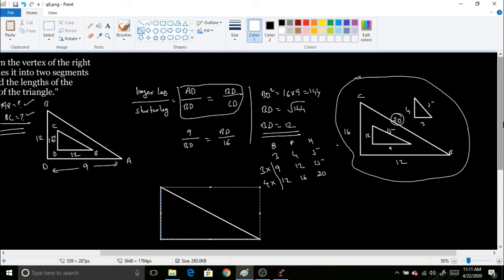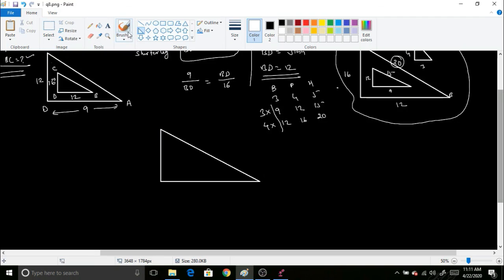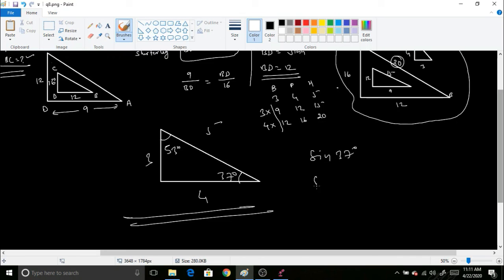If a triangle has side lengths in the ratio 3, 4 and 5, then this angle will be equal to 37 degree, and this angle will be equal to 53 degree, always. So if you are studying trigonometry, you can use sine 37 degree and sine 53 degree and all the trigonometric ratios related to these two angles. That is why this triangle is very important.